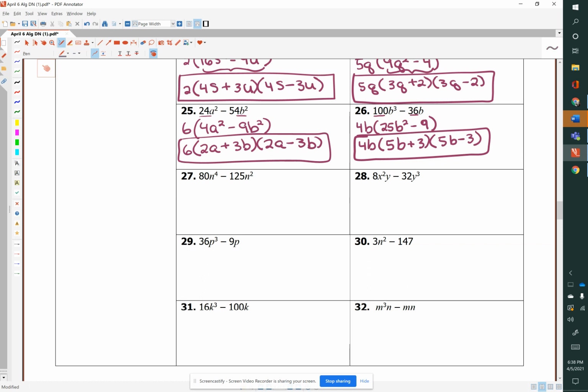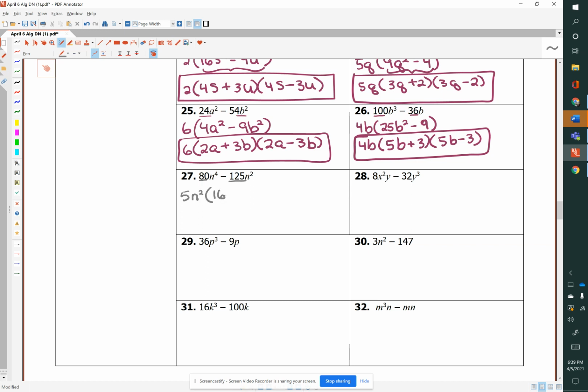So for number 27, we're certainly going to factor out an n squared. But I think let's also factor out a 5, because 80 divided by 5 is 16, and 100 divided by 5 is 25. So let's factor out a 5n squared.